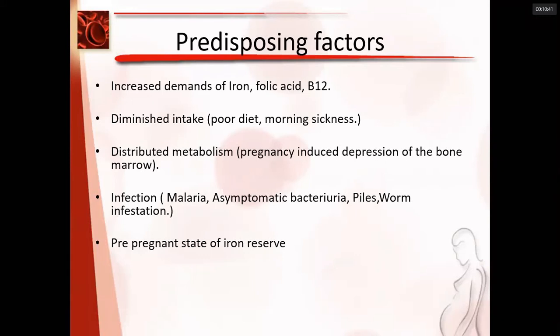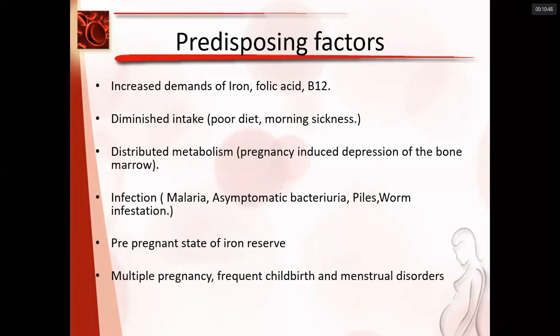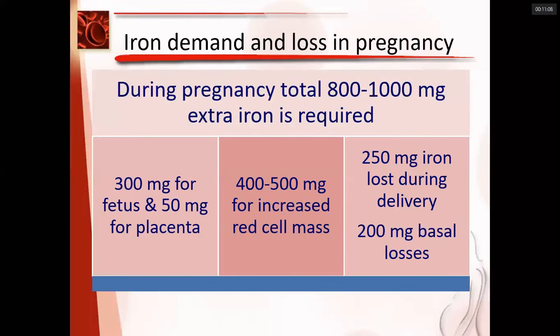It renders them more vulnerable to anemia during pregnancy. Likewise, pregnancy factors like multiple pregnancy, where the demands are increased, frequent childbirth when the woman's health has not been restored and she is again subjected to the stress of pregnancy, and even menstrual disorders are other predisposing factors for anemia in pregnancy.